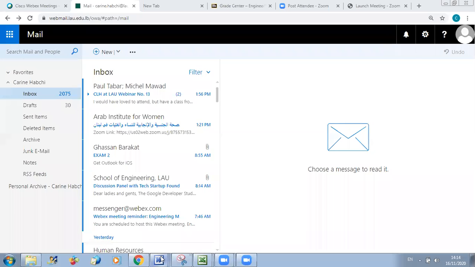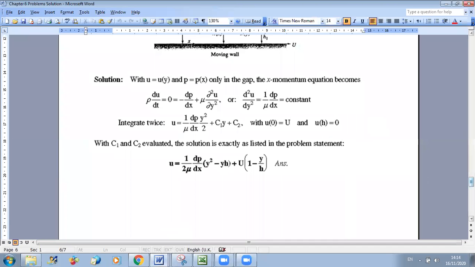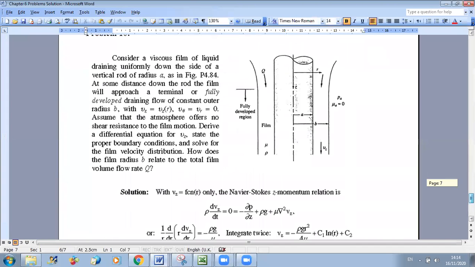So we will solve now problem 10. Consider a viscous film of liquid draining uniformly down the side of a vertical rod of radius small a, as shown in the figure.